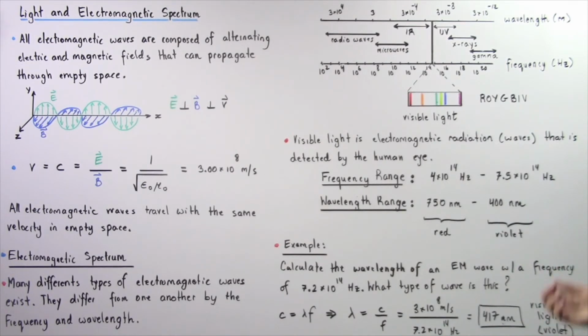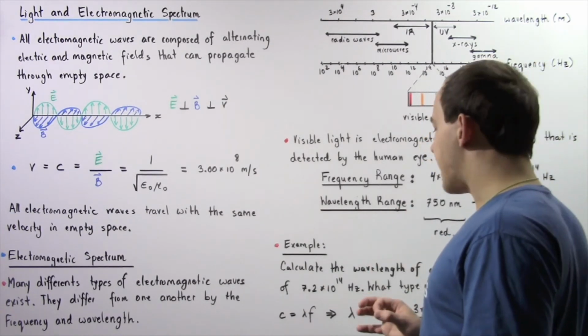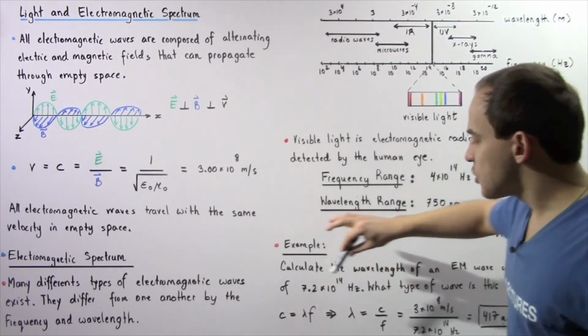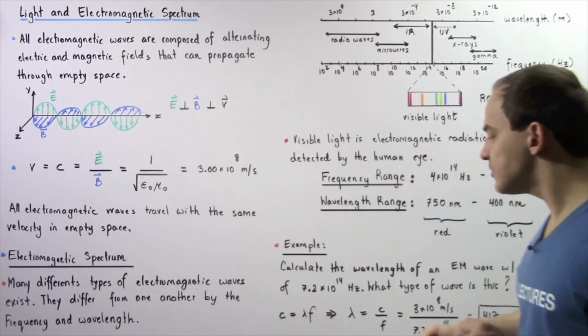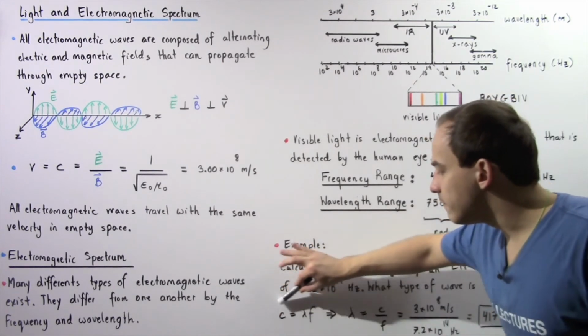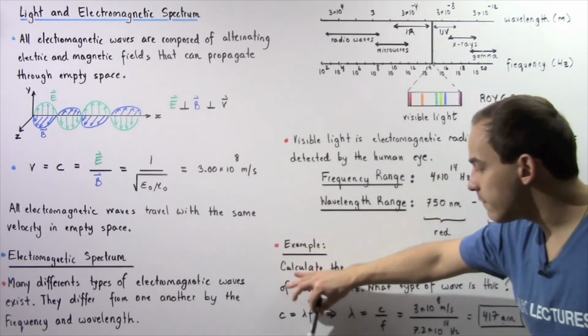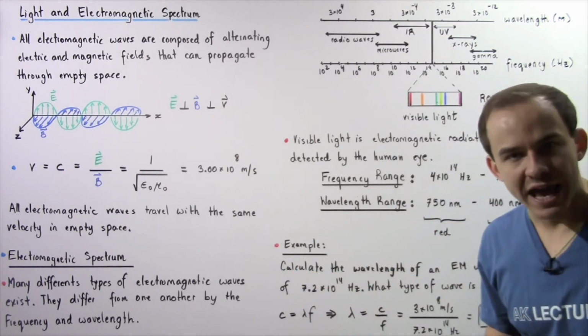What type of wave is this electromagnetic wave? To calculate our wavelength, we use the following equation. We know from a past lecture that the speed of light, c, is equal to the product of the frequency and the wavelength.